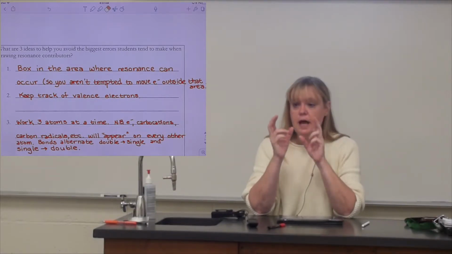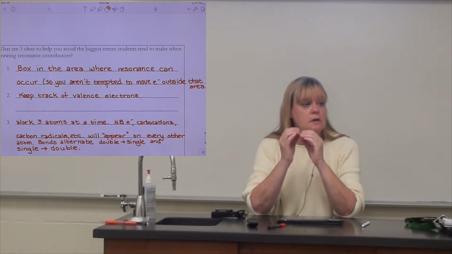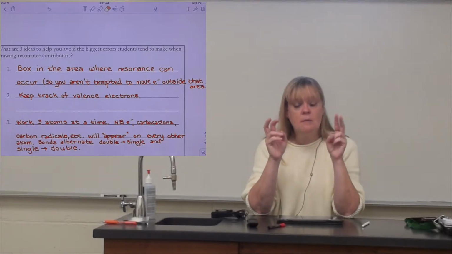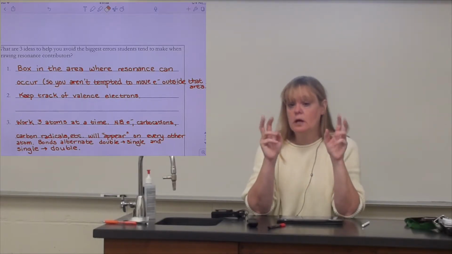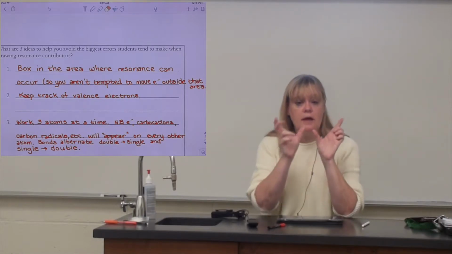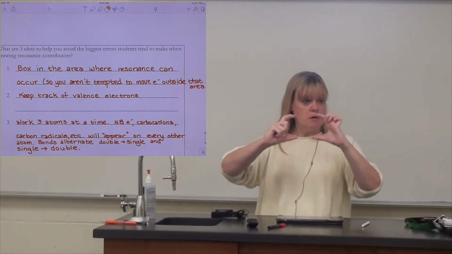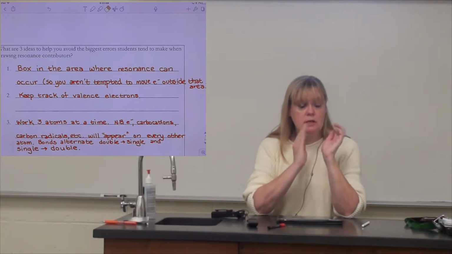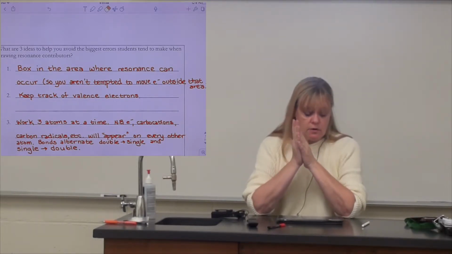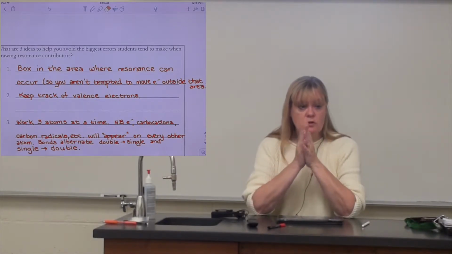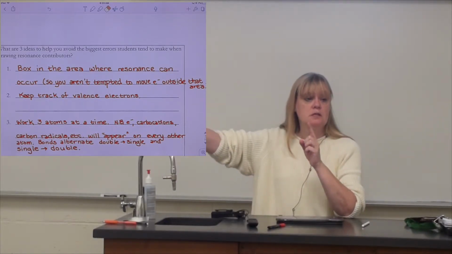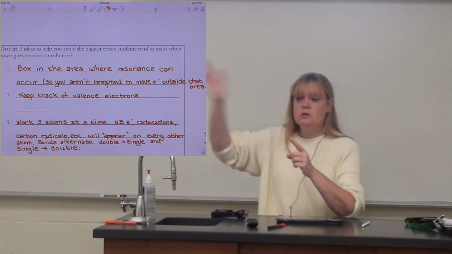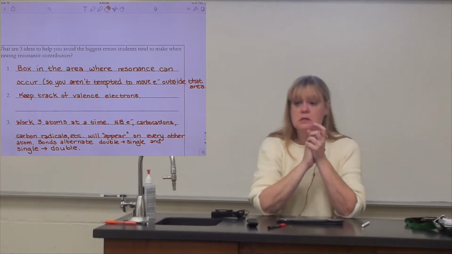And then work 3 atoms at a time within the resonance area. Since the non-bonded pair or carbocation or radical is going to appear every other, that's 3 atoms at a time that you're working. Even if the resonance area has more than that, only do 3 atoms in a section at a time. And the other thing I would tell you is once you start going a certain direction, work from one edge of the resonance system to the other edge. Make sure that you work the complete resonance area.